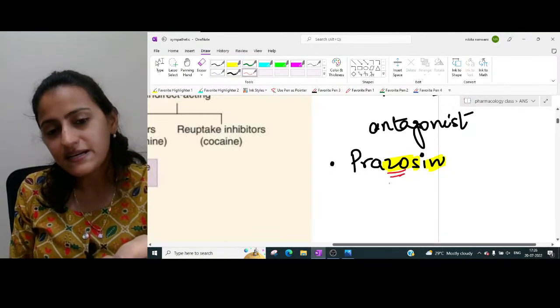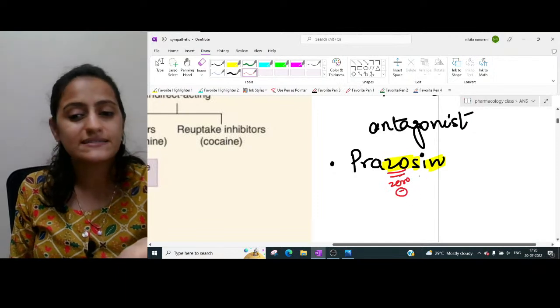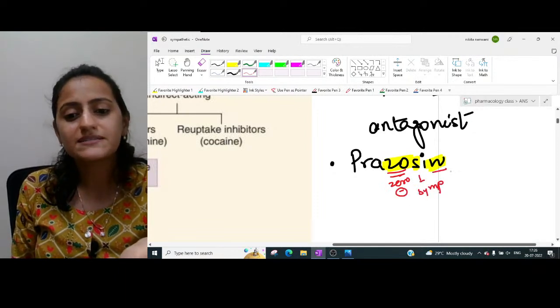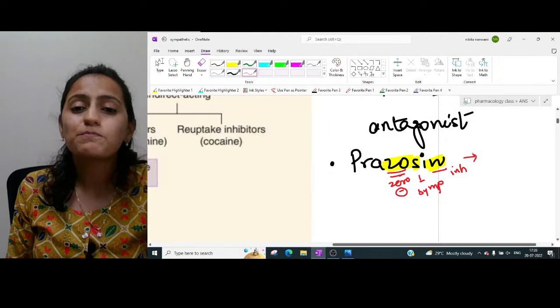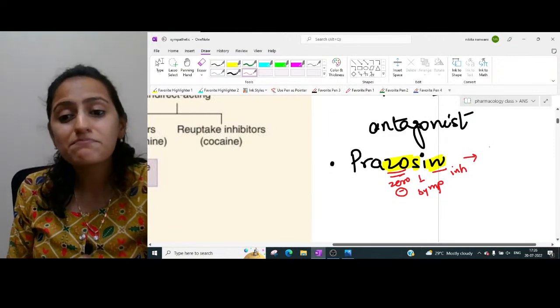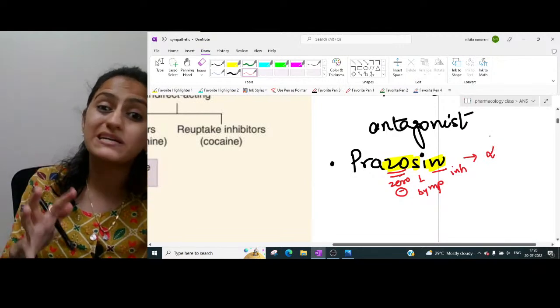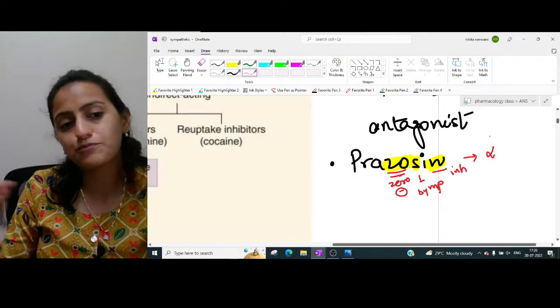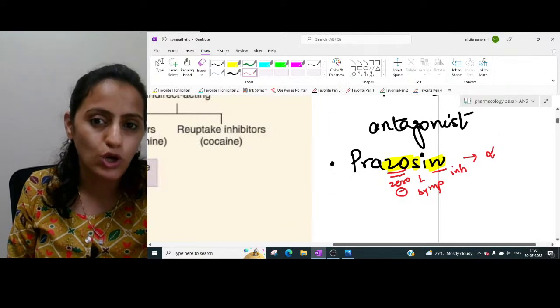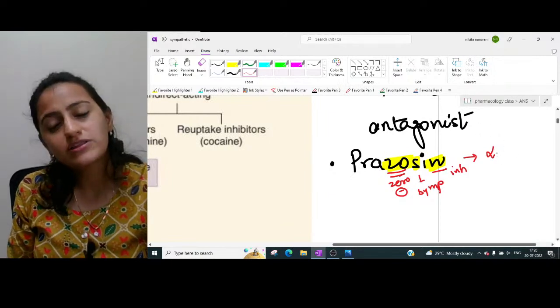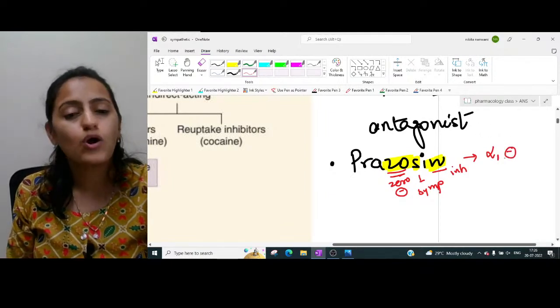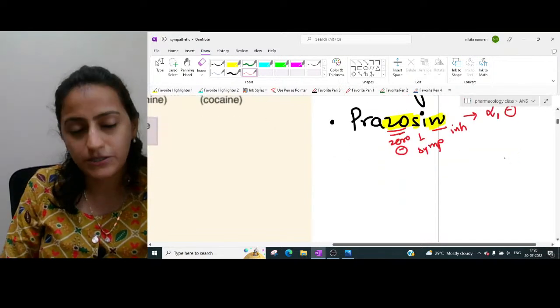So remember, ZO is like zero, that is an inhibitor of the sympathetic system. Prazosin is in the alpha group, because the beta blockers are generally like propranolol, atenolol, timolol, the LOLs. So this is your alpha 1 blocker.